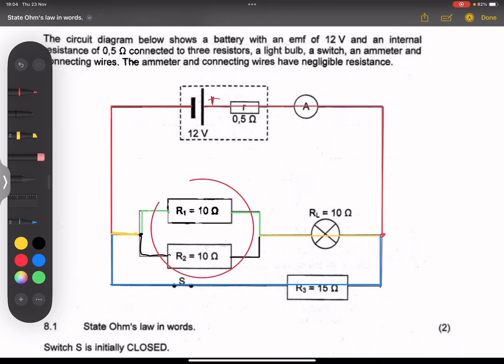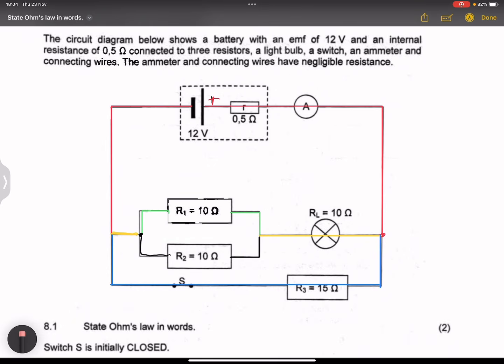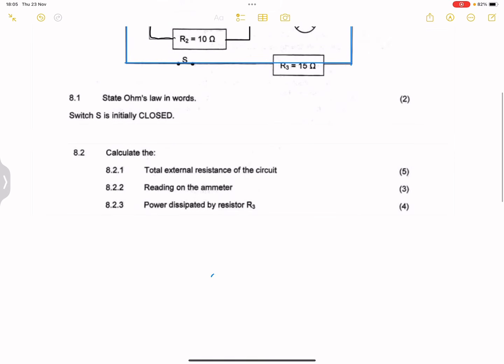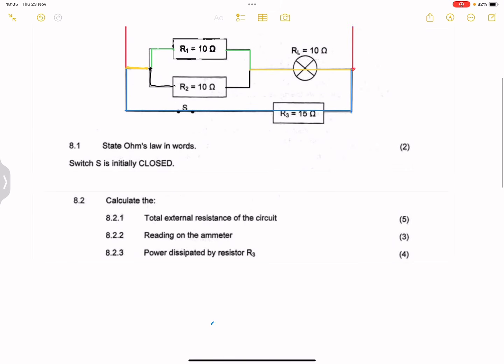Once I combine the parallel combination from R1 and R2, and I include RL, those would be in parallel to R3, right? So we need to always be mindful who is in parallel with whom.